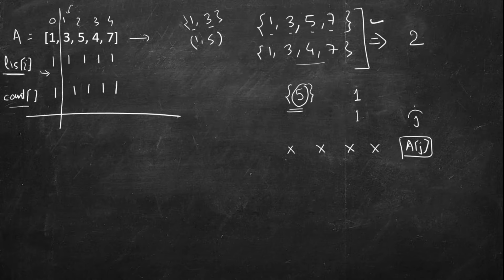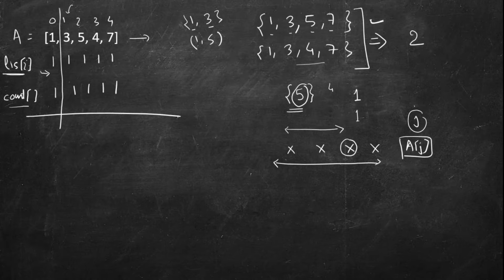We are interested in all elements before it which are smaller than this. Why? Because if some element is larger, and we know there are 5 subsequences ending there with a length of 4, then we cannot increase this length by appending aj, because that would violate the increasing order.